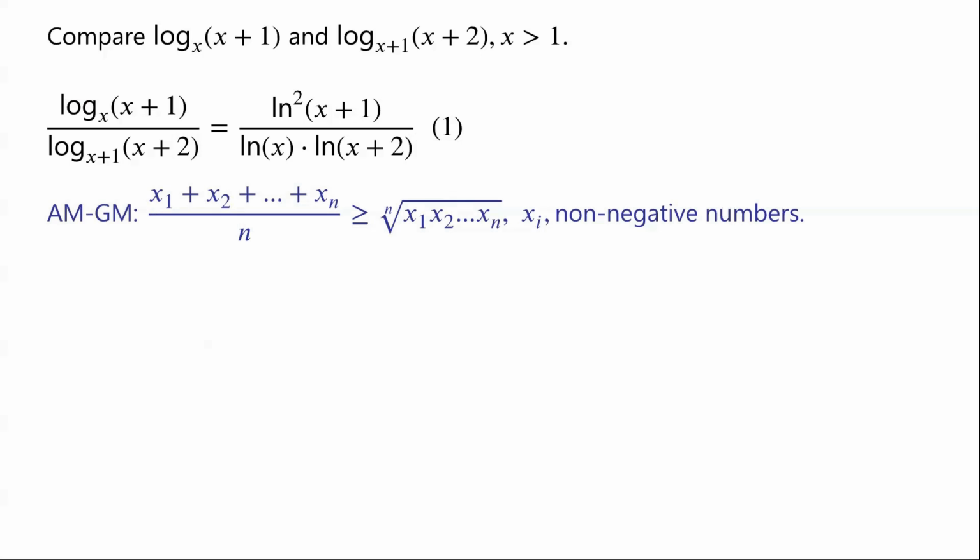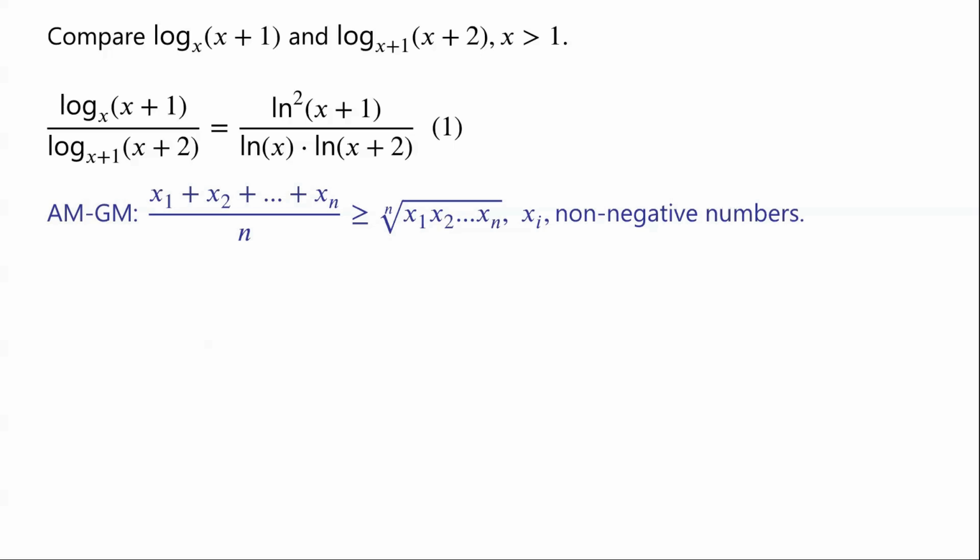Note that the equality holds, if and only if, x1 equals x2 equals so on, equals xn. We let x1 equal ln of x, and x2 equal ln of x plus 2. Note that we are given that x is greater than 1. So both ln of x, and ln of x plus 2, are greater than 0. So they satisfy the condition of non-negative numbers of AM-GM.